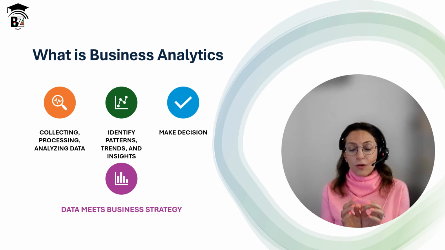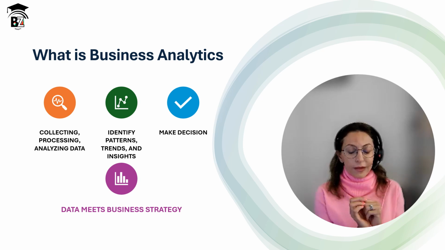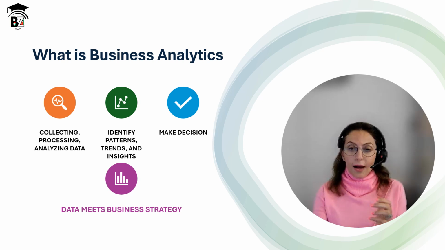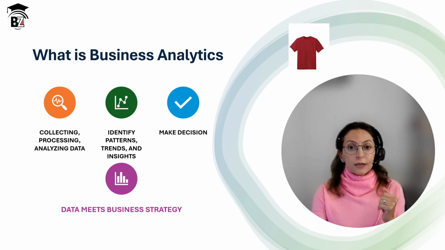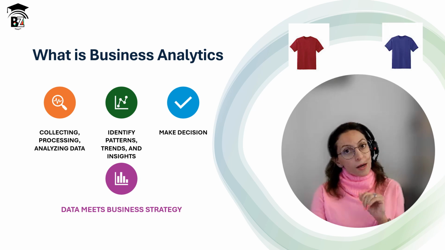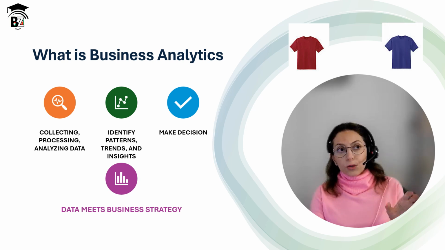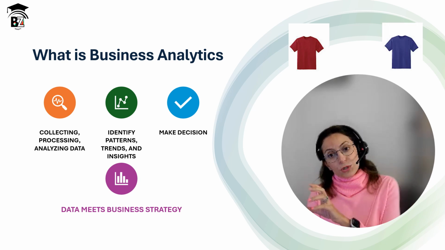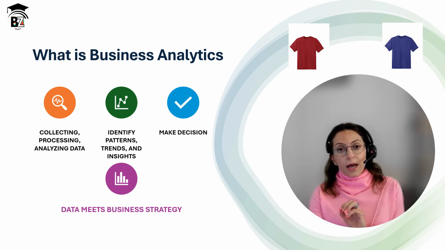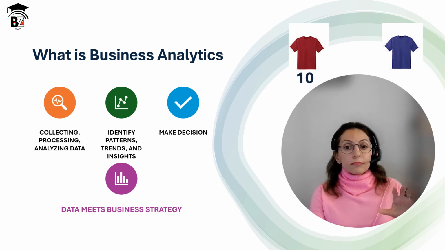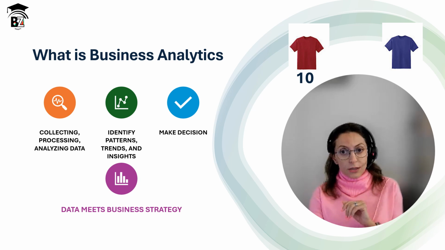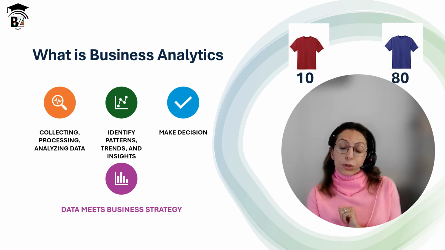Let me give you a very, very simple example of that. Let's say you have an online store and you sell red t-shirts and blue t-shirts. You're looking at your data, which is your monthly sales, and you see that on a monthly basis you sell 10 red t-shirts and 80 blue t-shirts.